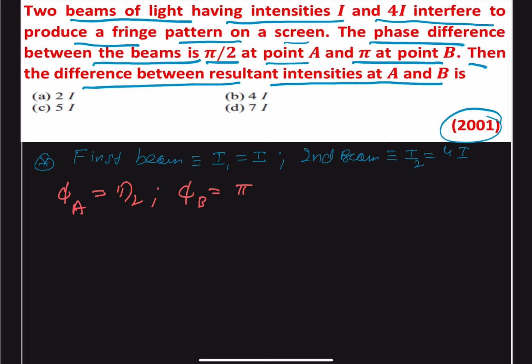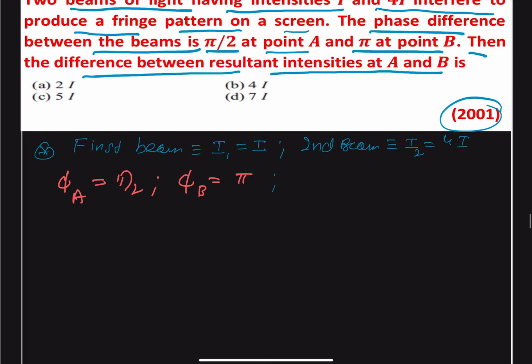So we know the standard formula for resultant intensity: IR is equal to I1 plus I2 plus 2 square root of I1 I2 cos of phi.